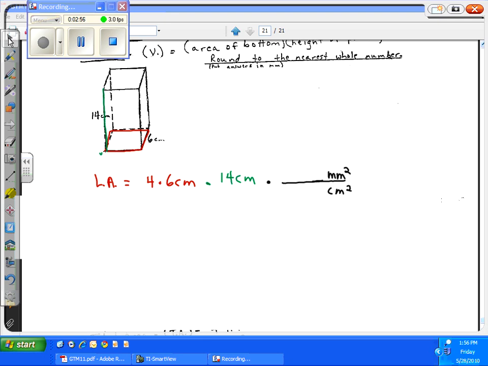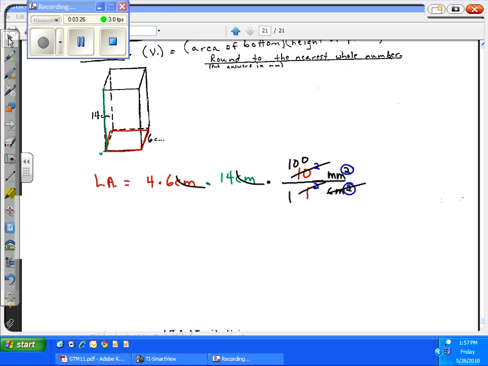Now the larger of the two is centi, and it takes 10 milli to make a centi, but we're not dealing with milli or centi. We're dealing with square milli and square centi, so we square the conversions. So 10 squared is 100. 1 squared is 1. We're losing the centi square, and we're gaining the milli.